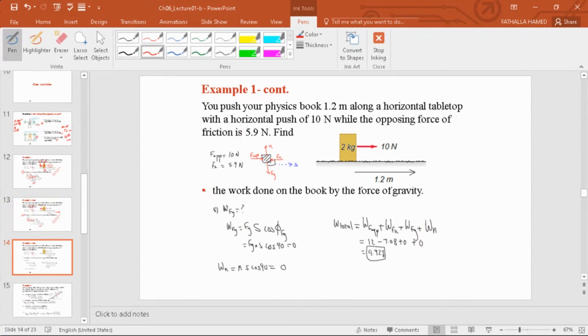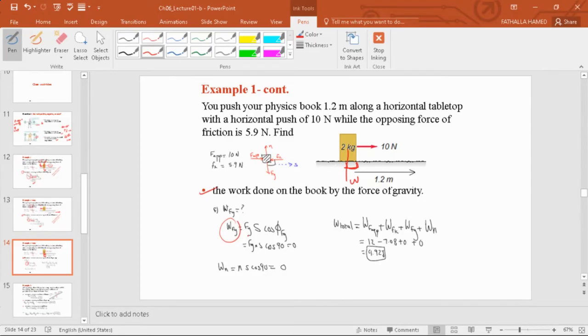Here they ask you the work done by the force of gravity. You know that the weight is down this way, your displacement is that way. So if you take the angle between both of them, it will be 90 degrees. So we say the work done, and Fg here stands for the force of gravity.